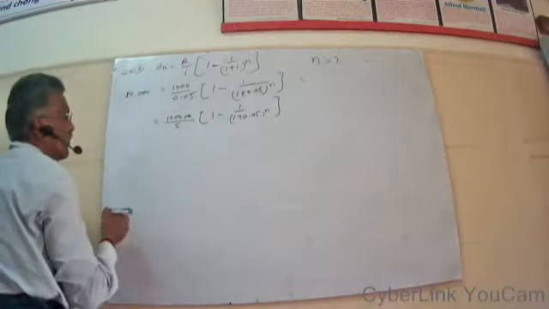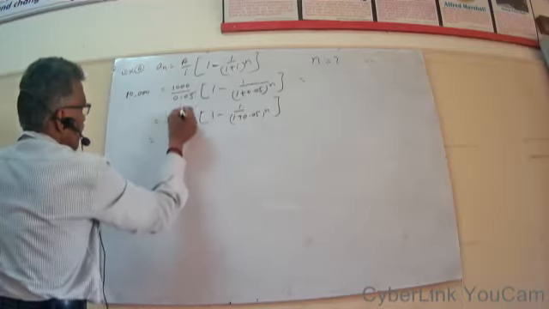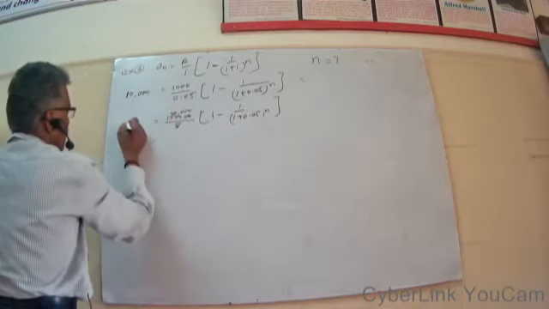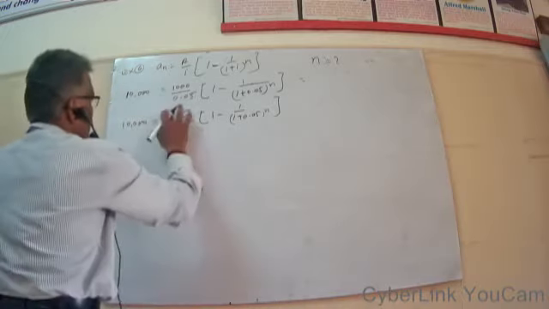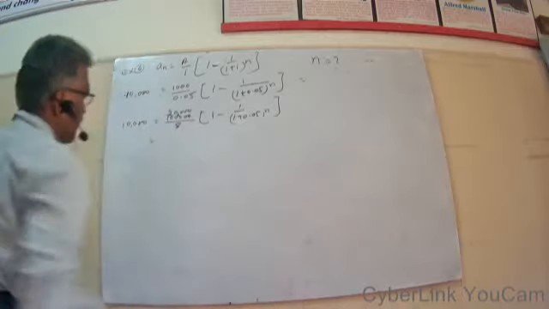That is equal to 20,000, here 10,000. So 10,000 equal to 20,000 into the same expression.